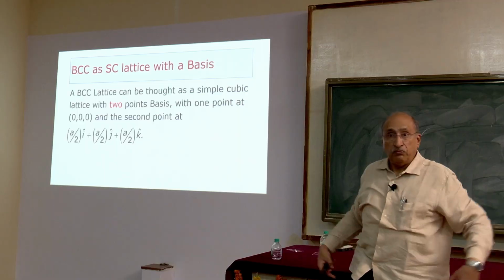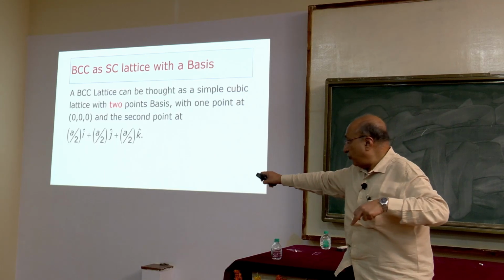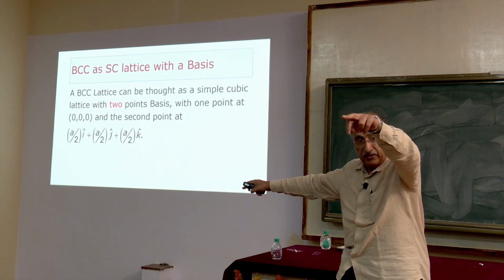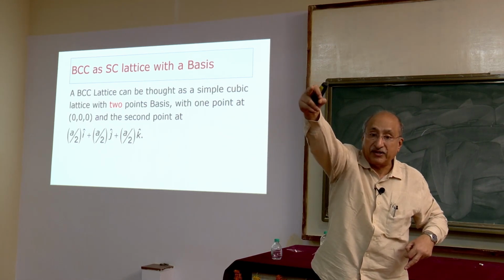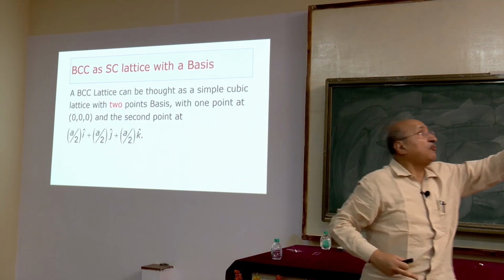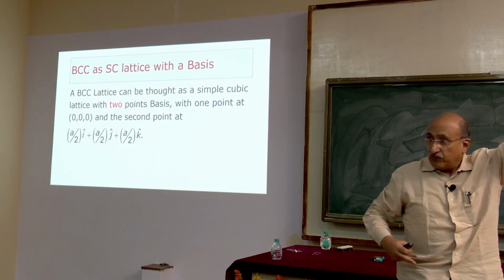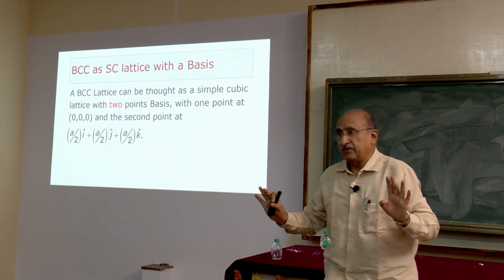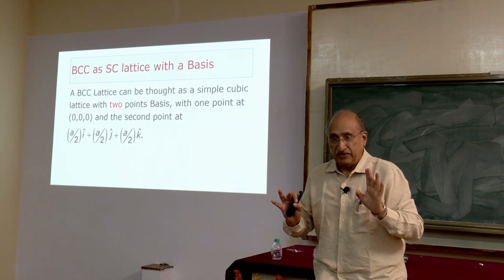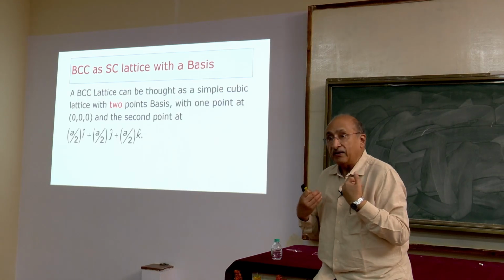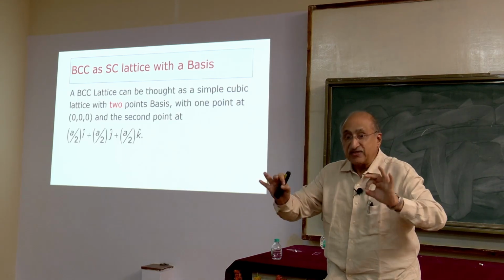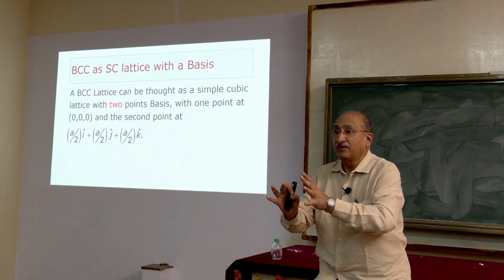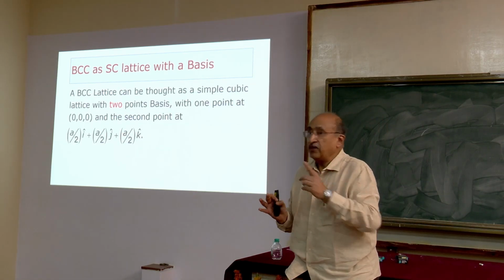So you have this room, okay, you take this point, you put 1 point here, 1 point at body center. Similarly, you go to that particular point, you take 1 point there and put 1 point at the body center. You take 1 point, you put 1 point at the body center. Alright, you will generate a BCC lattice, which also is a Bravais lattice. But we prefer to call it many times, especially in X-ray diffraction. X-ray diffraction indexing always is done assuming a simple cubic Bravais lattice with 2 points basis.